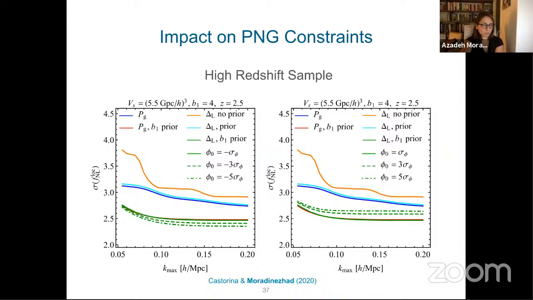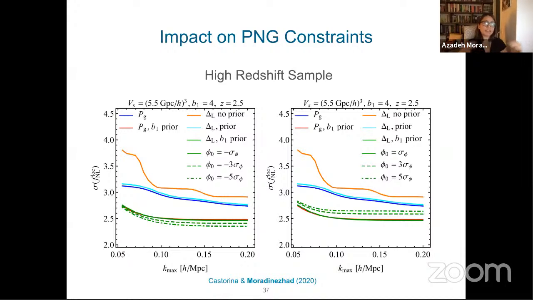curves on both plots, the blue corresponds to the usual measurement of the power spectrum, neglecting the supersample modes, while the red corresponds again to the usual power spectrum measurement, assuming that you have a strong prior on the value of the linear bias. Now, on the other hand, look at the orange: this is if you account for the supersample mode and you impose no prior on the amplitude of the large scale mode.